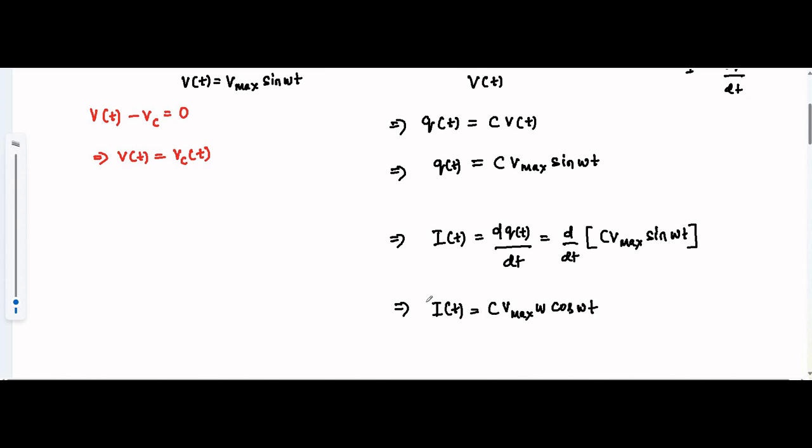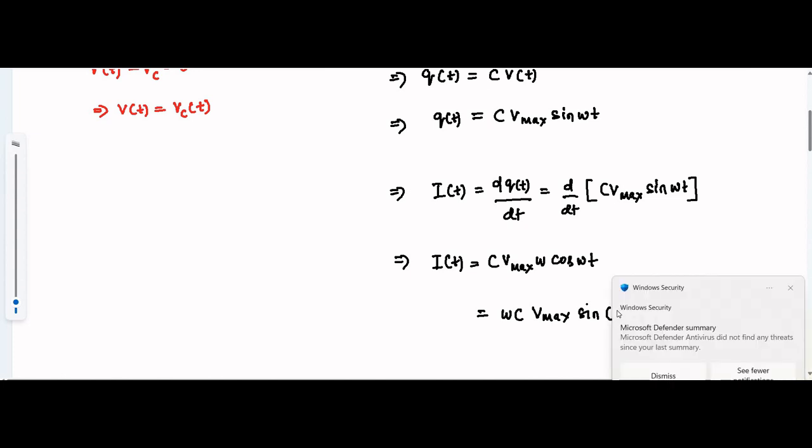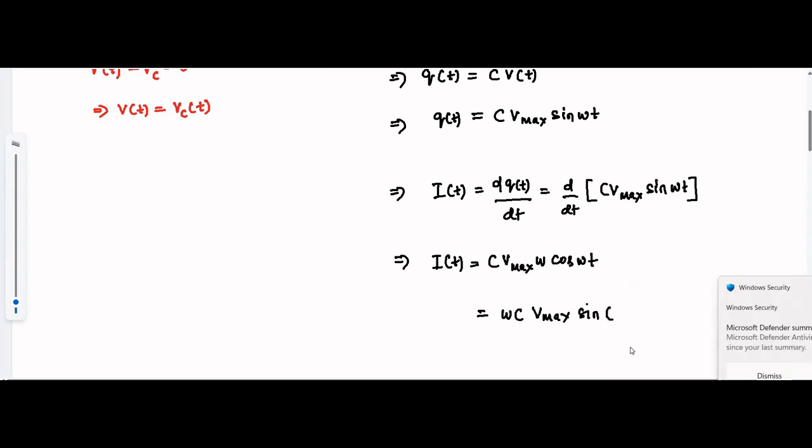or we can write it as omega C Vmax sine omega t plus pi by 2.